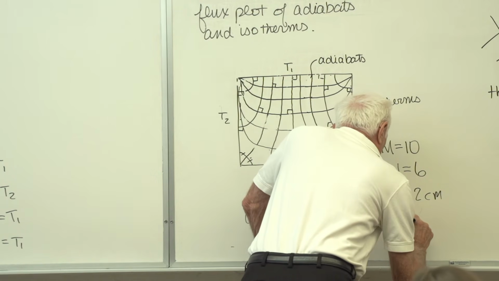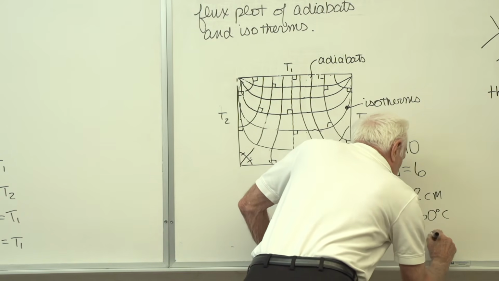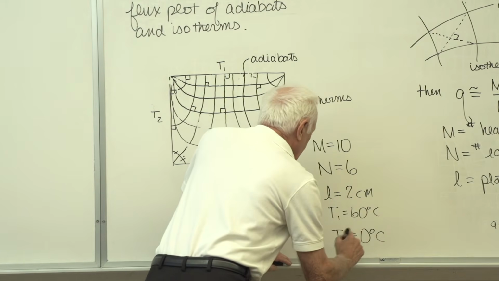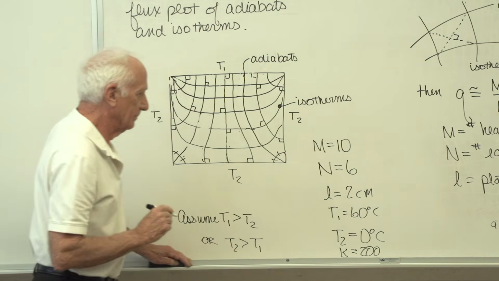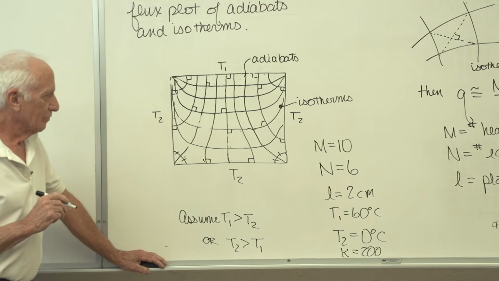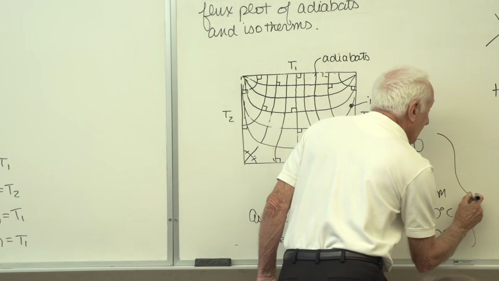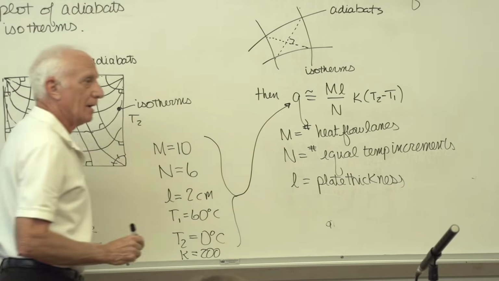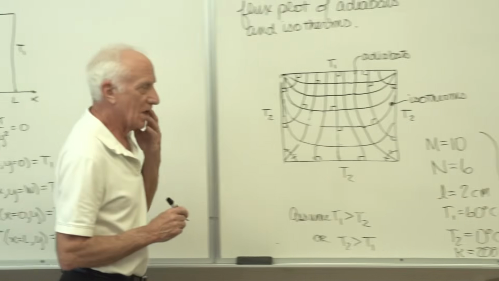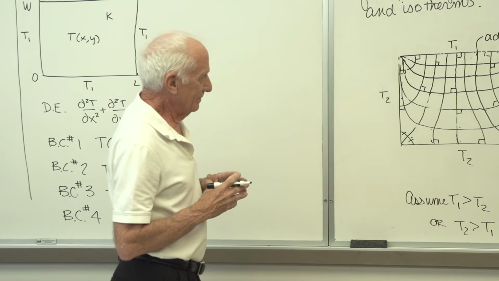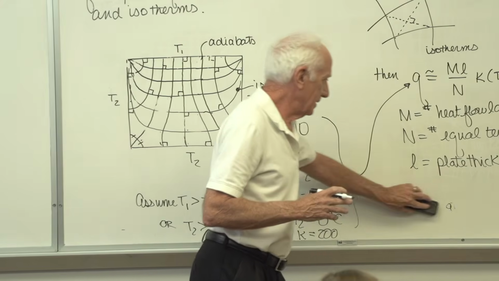You might call T1 equals 60 degrees C, T2 equals 0 degrees C. You might say K equals 200 watts per meter degree C. You put all that into that equation, and you've got an estimate of how much heat is transferred from the hot surface at 60 to the cold surface at 0. Okay, so we get an estimate of that.